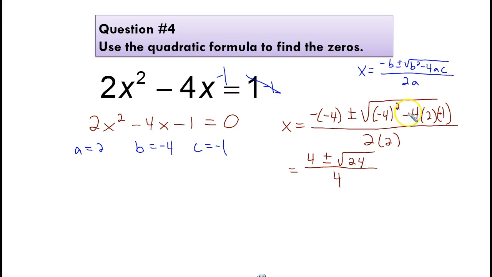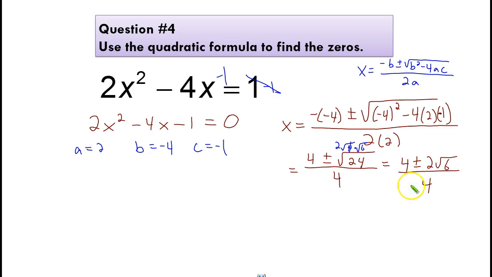Negative 4 squared is 16. 4 times 2 is 8, so 16 plus 8. We've talked about 24 already in this video, I think. It is the same thing as root 4 times root 6, where we can take the square root of 4. Square root of 4 is a 2. So we get 4 plus or minus 2 root 6 all over 4.